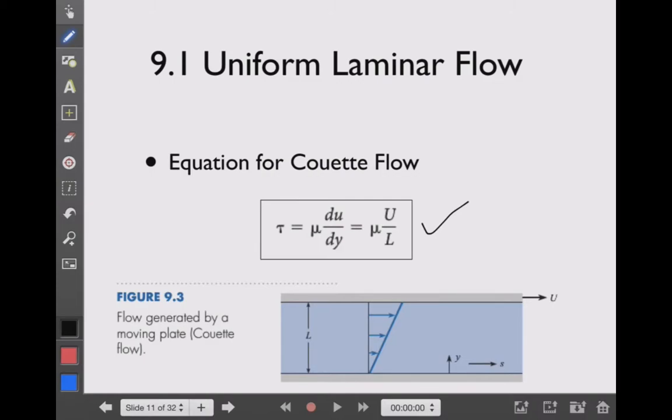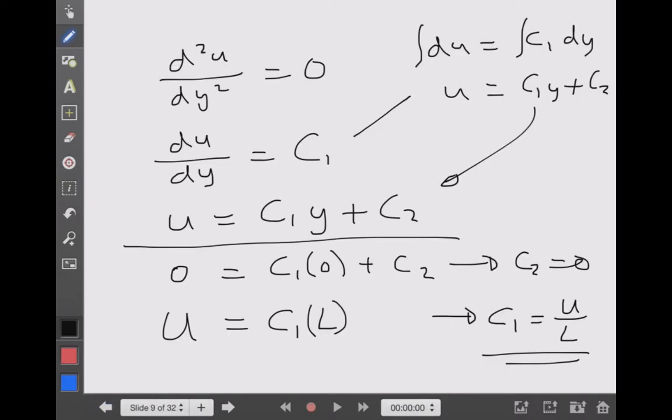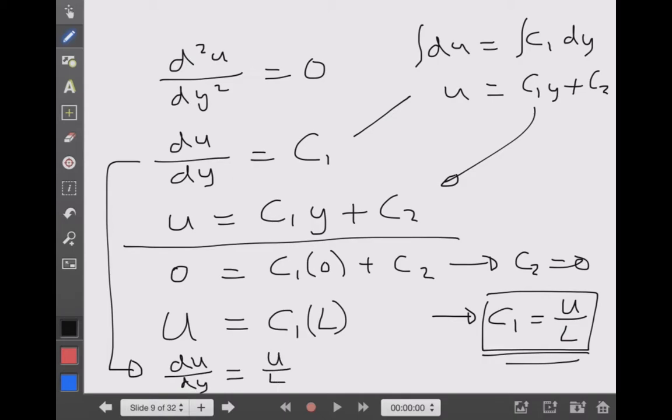Let me just go back and say one other thing. Since C1 is U over L, then plugging back into du dy, that also equals U over L because it equals C1.